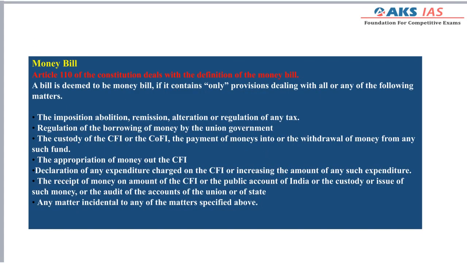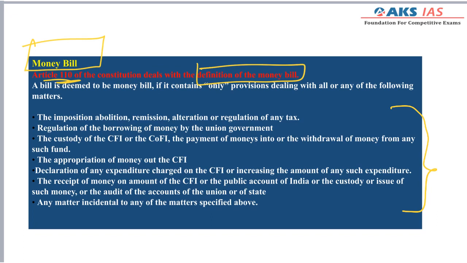Coming to the provisions of the money bill, Article 110 of the Constitution of India deals with the definition of the money bill. It says that only those provisions dealing with all or any of the following matters are deemed to be a money bill. There are 7 clauses in the definition.